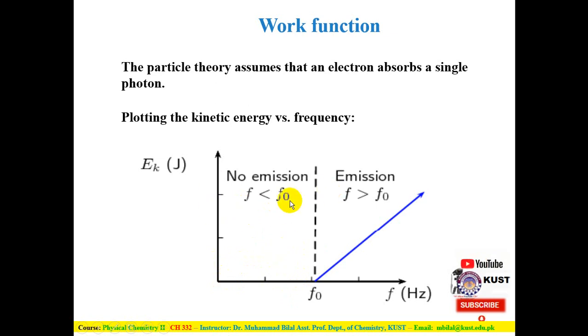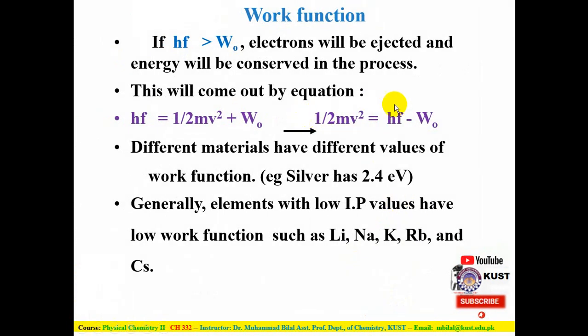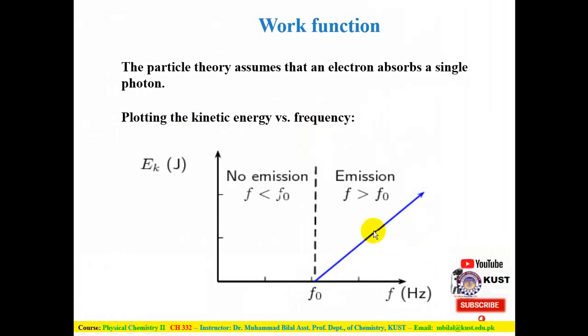After the threshold frequency or work function, ejection of electrons starts, and with a further increase in frequency, their kinetic energy increases. As we mentioned in that equation, some energy of the incoming photon is used in removing the electron from the surface, and the rest is gained by the ejected electron in the form of kinetic energy. So this is the kinetic energy with which the electron is moving.